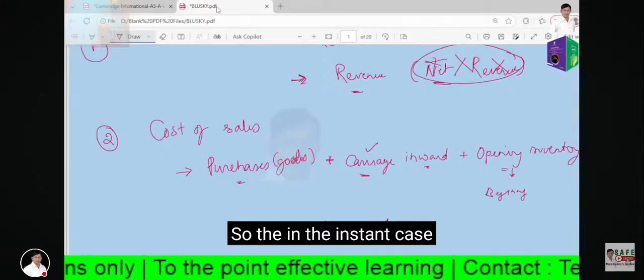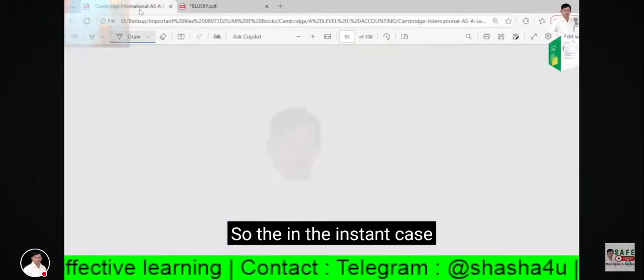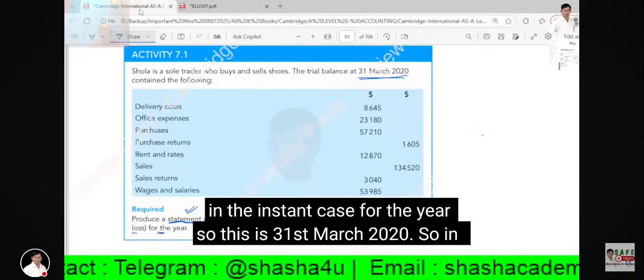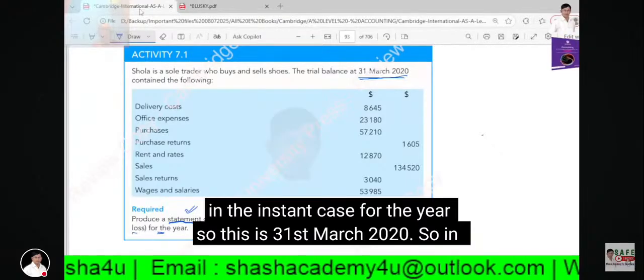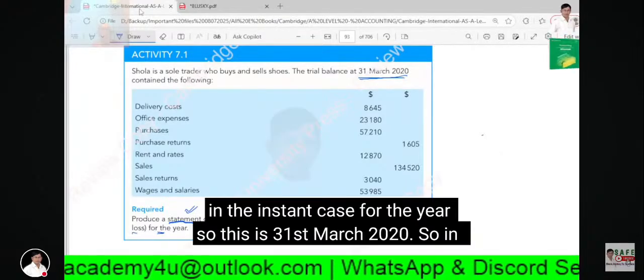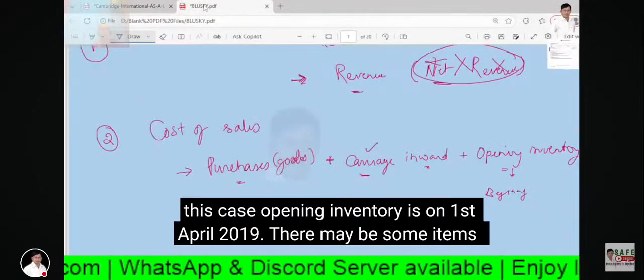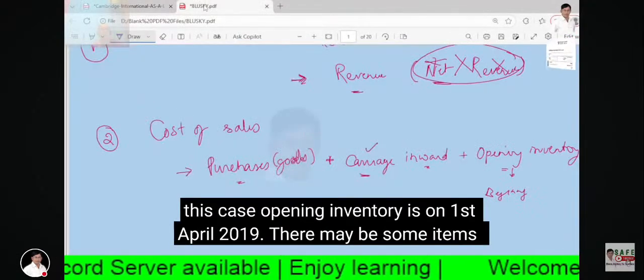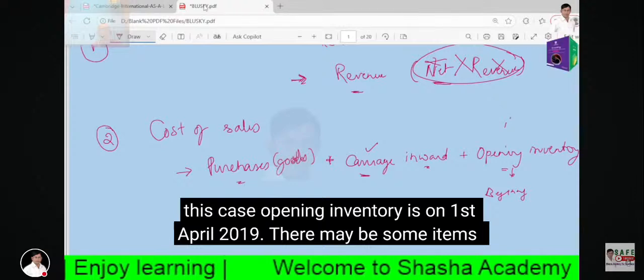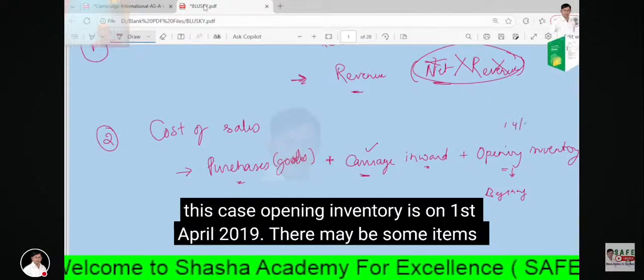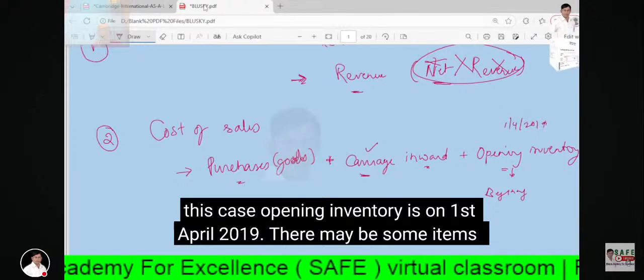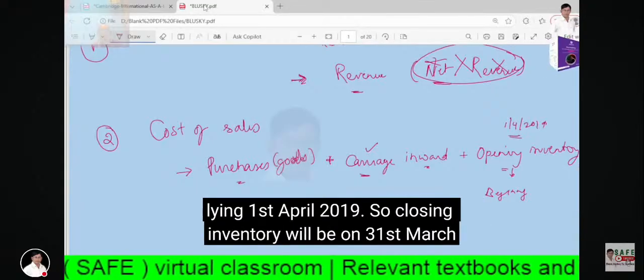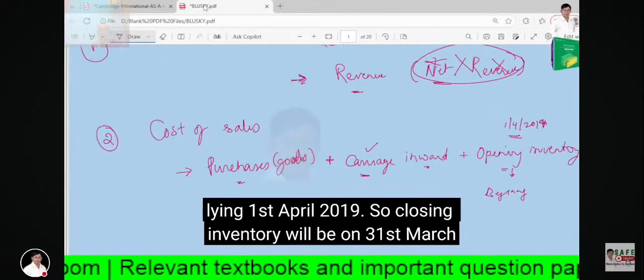In the instant case, for the year ending 31st March 2020, the opening inventory is on 1st April 2019. There may be some items lying on 1st April 2019.